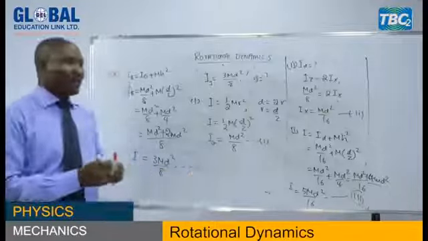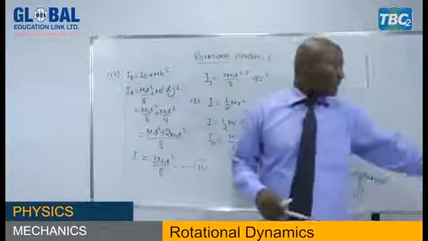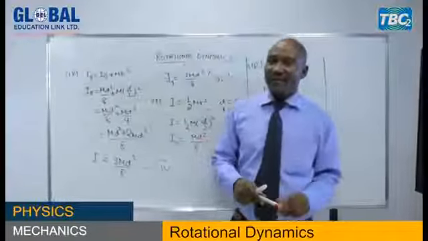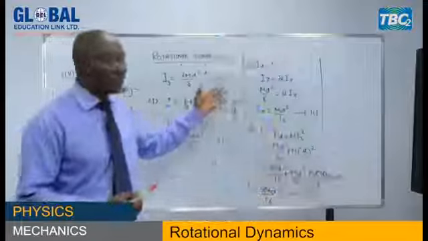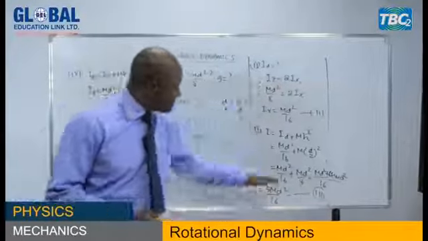So now the question was given in a single line: establish the axis of rotation which produces the above moment of inertia. On a single line, but you can see how many steps we applied. Step number 1, step number 2, step number 3, step number 4.